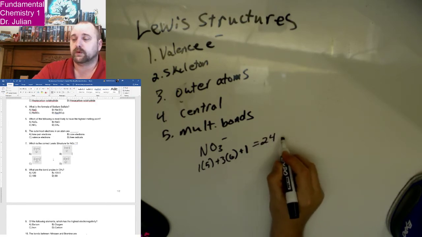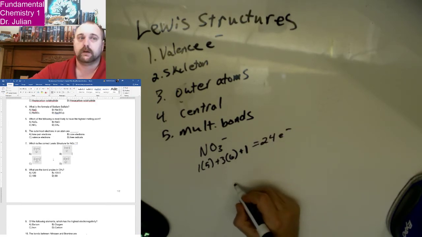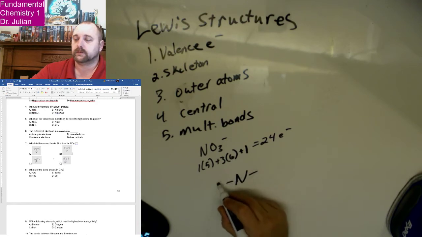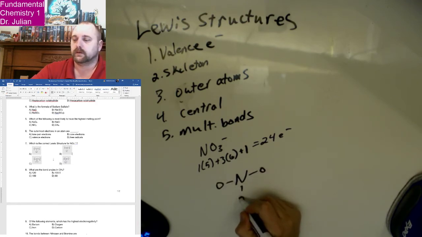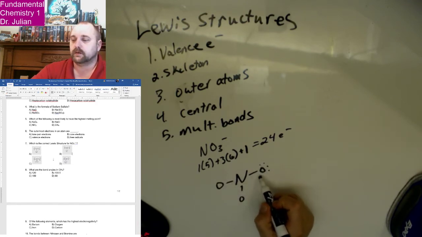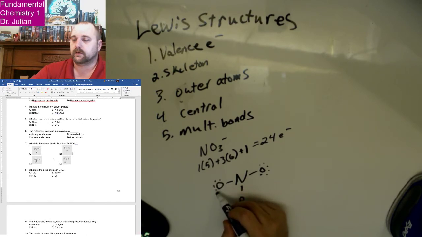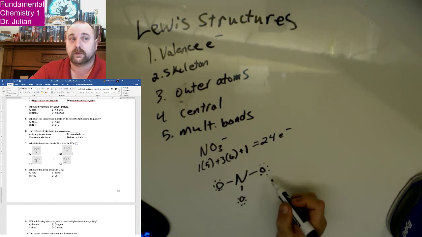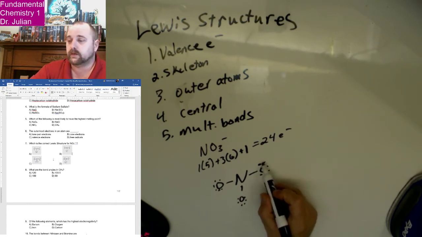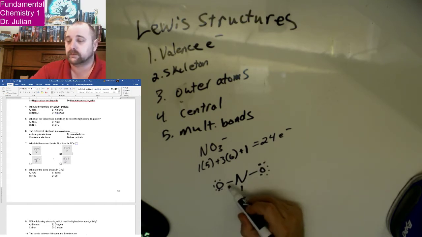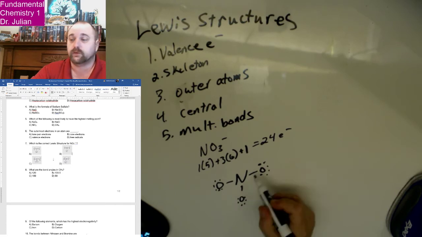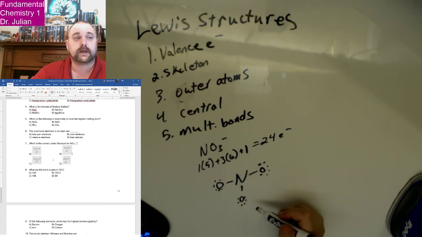That's 24 electrons. Start with my nitrogen in the middle. It turns out I have 3 oxygens. All right. And so 8 around each of those would be 24. I don't have any left over for this nitrogen.